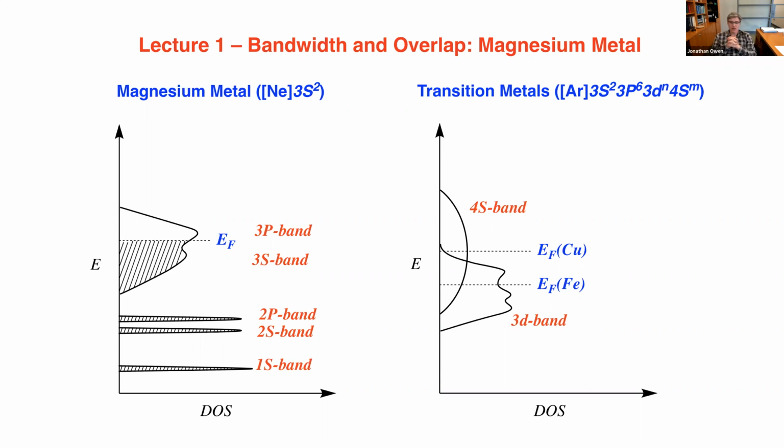And so the width of that 4s band is very substantial for that reason. Notice also how the Fermi energy for copper really is, all the action is happening in a region of the band diagram that is defined by the 4s level. And that has consequences for the conductivity of copper, it turns out.